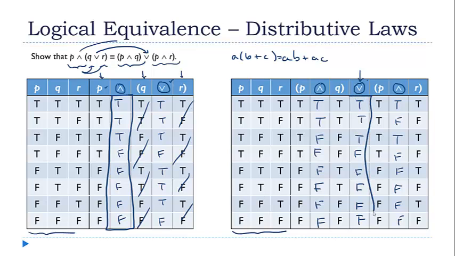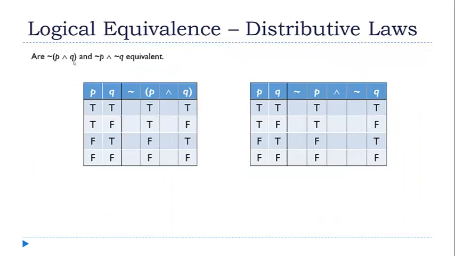And then if you compare this column to this column, you'll see that both of them are true on the first 3 rows and false everywhere else. So because the end results of the two tables were the same, we can conclude that the two original statements are equivalent. So this kind of distributive property does work with logical statements.